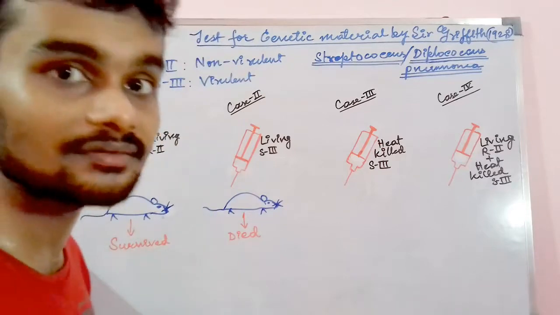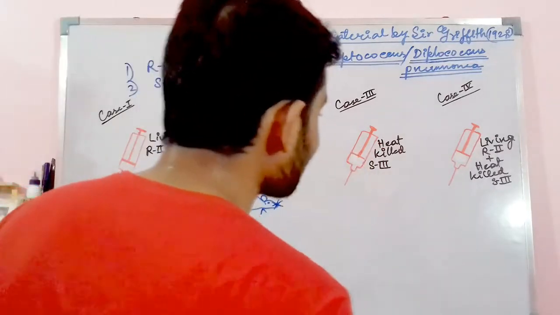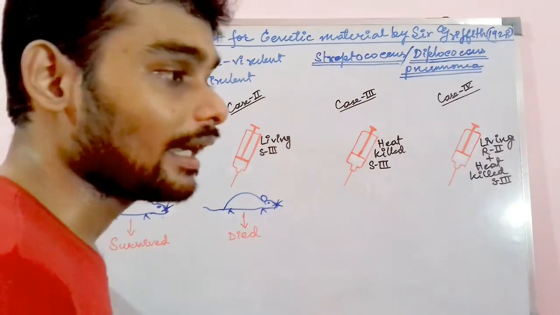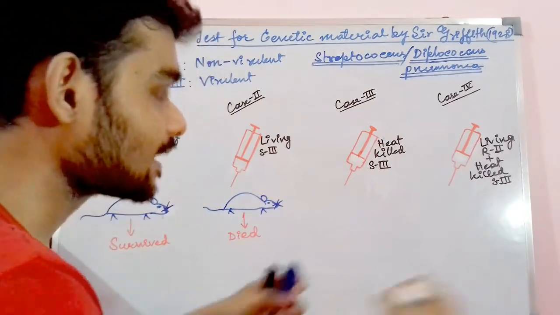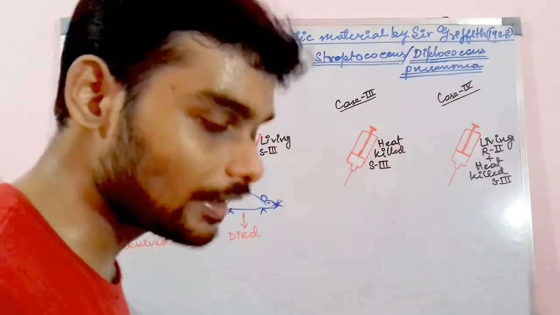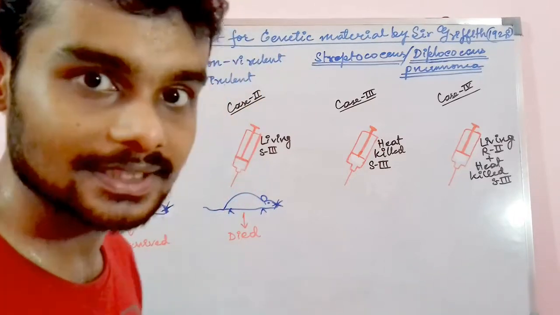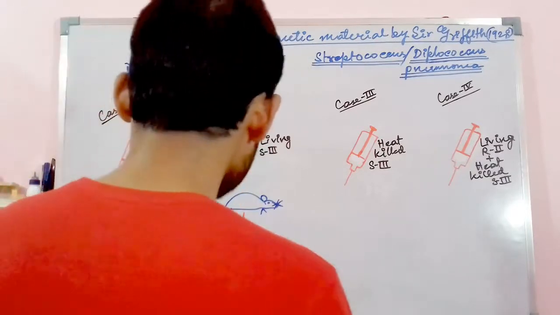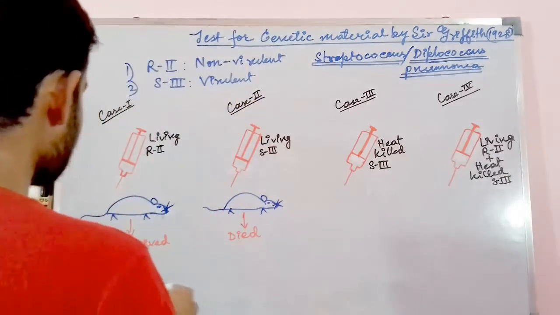The mice couldn't survive. And in the third case, he injected the heat killed S3, that is, he attenuated or reduced the virulence of the S3 type bacteria so that it cannot cause that particular disease. And similarly, he injected that into the mice.